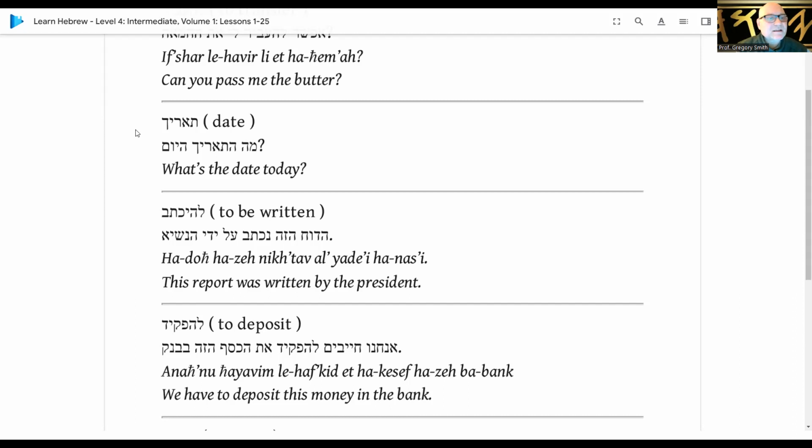If you were to see the nikud there, it would be like a reduced patach, so that would be quicker, and the resh would have a hirik. Okay, so ma ha-ta'arikh. What is the date? Hayom. What is the date today? Ma ta'arikh hayom. Hayom, today. Okay.